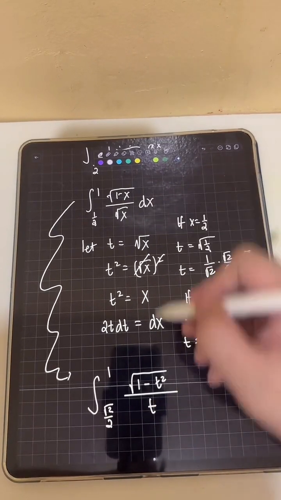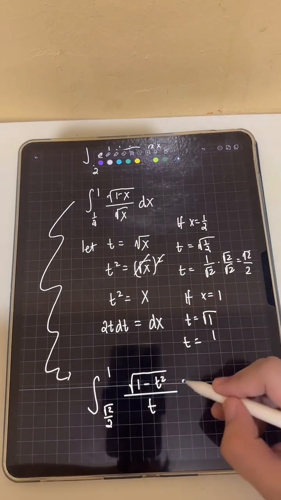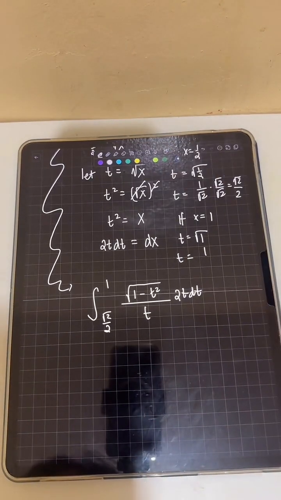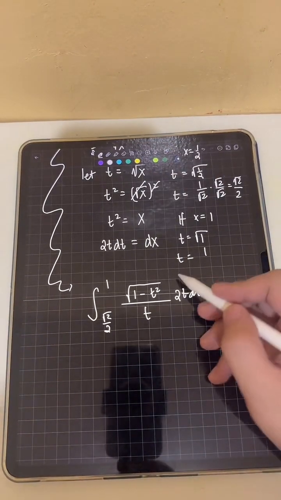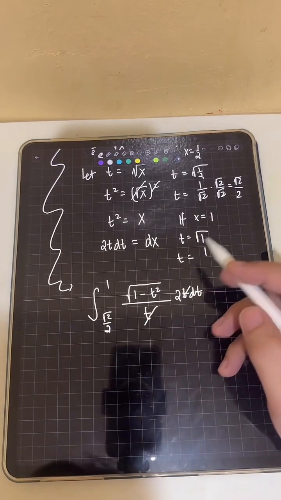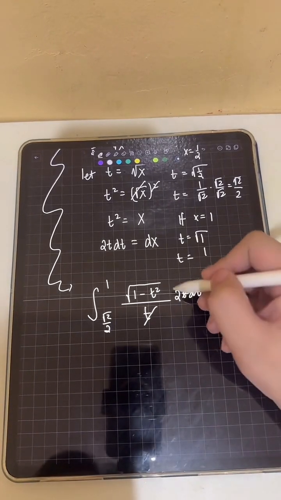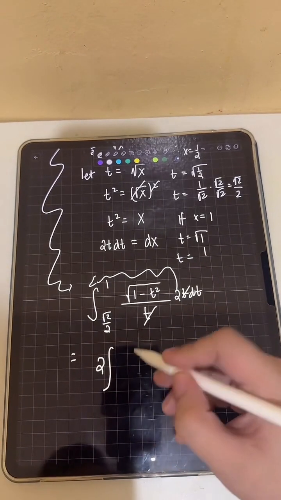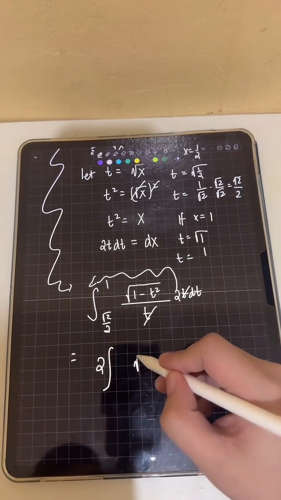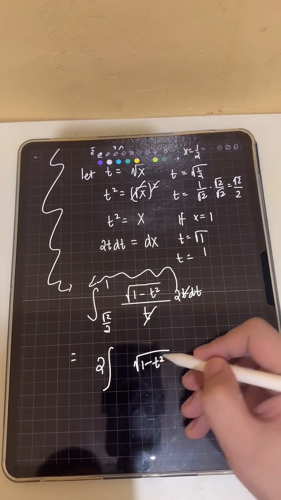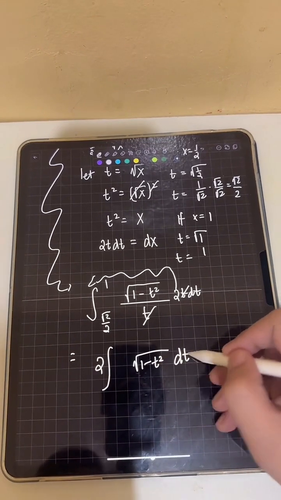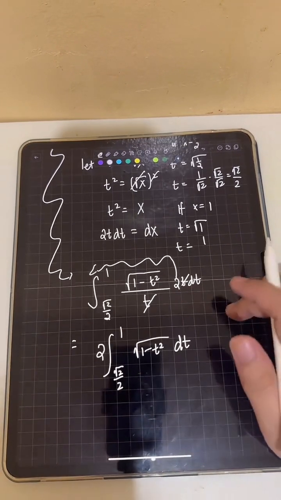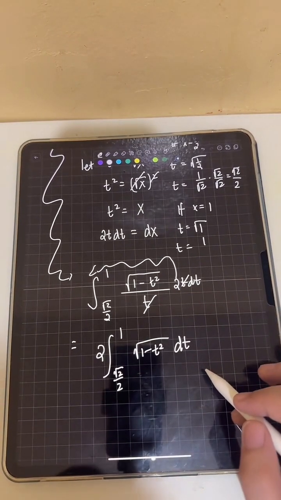And the dx is equal to 2t dt. Then we can cancel out the t here, right? So I can put the constant in front. So we will have 2 times the integral of the square root of 1 minus t squared dt from square root of 2 over 2 to 1. So this will be the new definite integral.